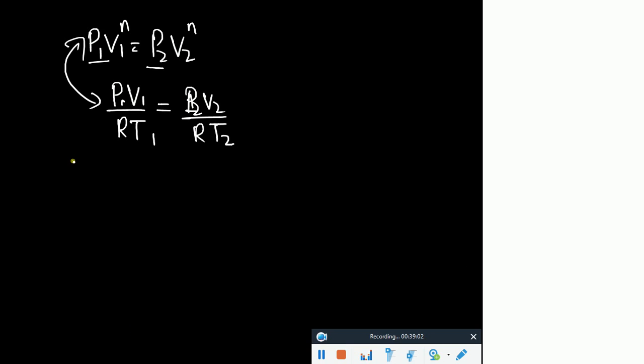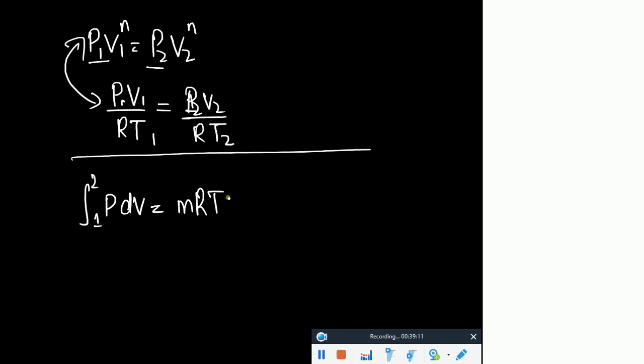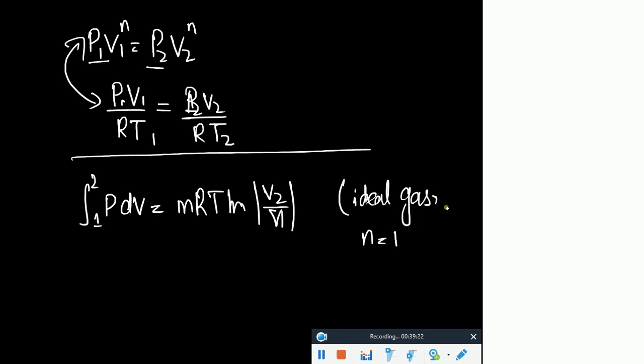Similarly, from state 1 to 2, the integral of PdV, you would have mRT natural log of V2 over V1, and this relationship is valid for ideal gas and n equal to 1.